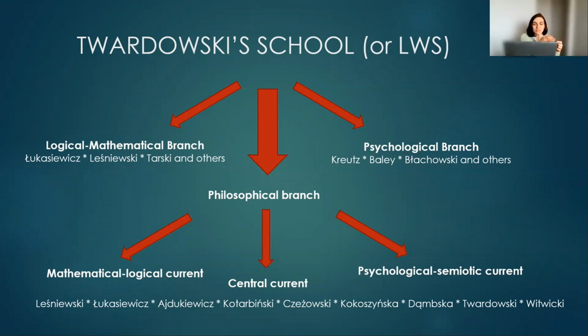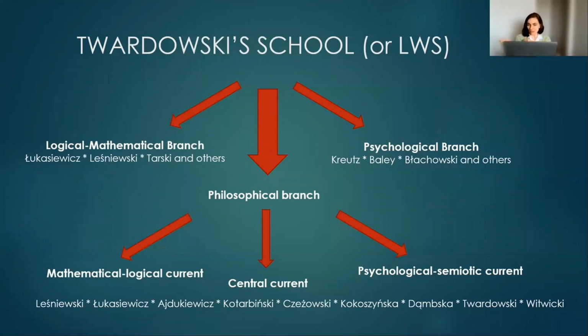Also, Łukasiewicz's trivalent logic is a purely formal result, but it has a philosophical interpretation because Łukasiewicz was an indeterminist and used trivalent many-valued logic to justify his indeterminist philosophical intuitions. When we talk about Ajdukiewicz, he developed categorial grammar, which is a formal analysis, but it has philosophical importance because it is a theory of language. So in this broad philosophical branch, there is this mathematical current.